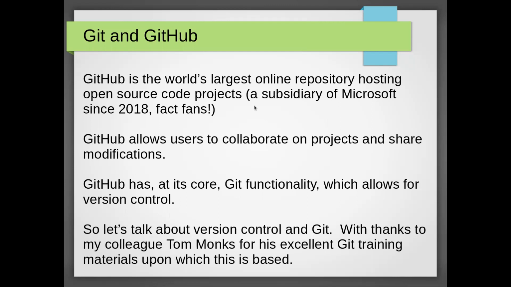GitHub basically allows users to work together, collaborate on projects, and share modifications. So it's a fantastic, widely used collaborative tool. At its core, GitHub has Git functionality. It's built on Git, which allows for version control. So in this session we're going to talk about version control in Git.